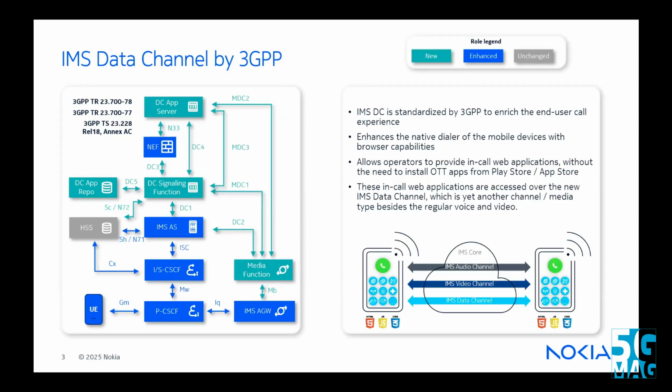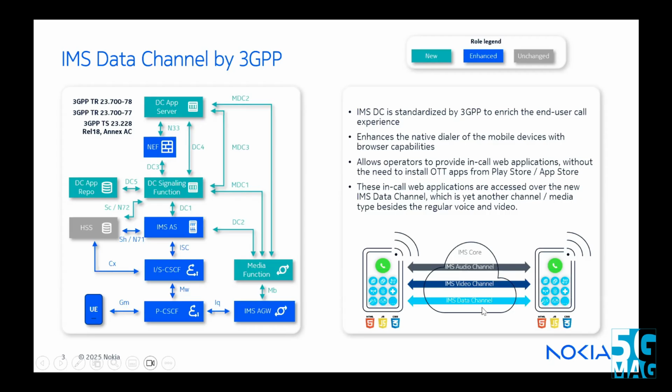So what the IMS data channel brings to these existing native apps for calling is a WebRTC data channel kind of functionality. And this is a channel in addition to what you have. So we have the IMS audio channel for voice, and then you have the IMS video channel, for instance, if you want to upgrade the voice to video communication, and then you have an IMS data channel on top of that.